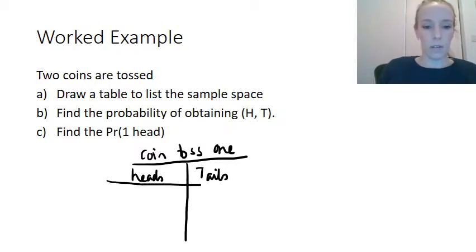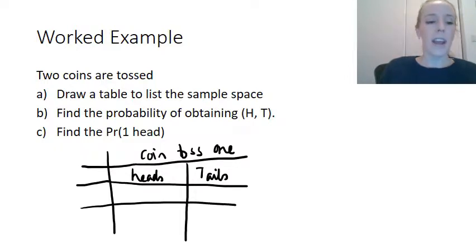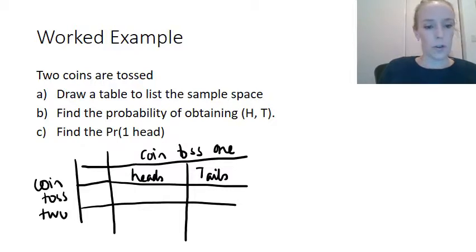And then this is a terrible table. Obviously, you would be using your ruler to do this. Then we've got our second coin toss, coin toss 2. And again, you could get heads or tails.